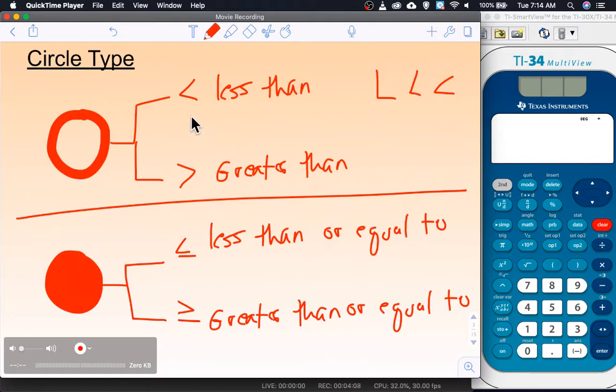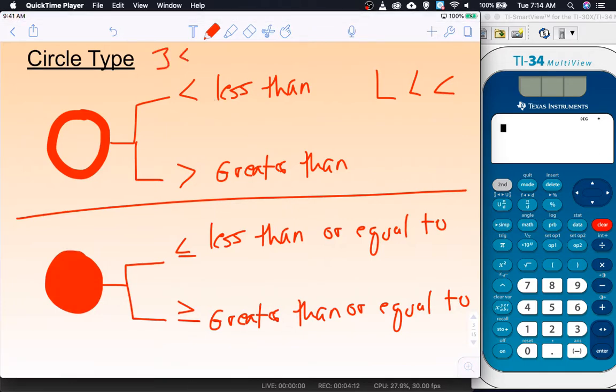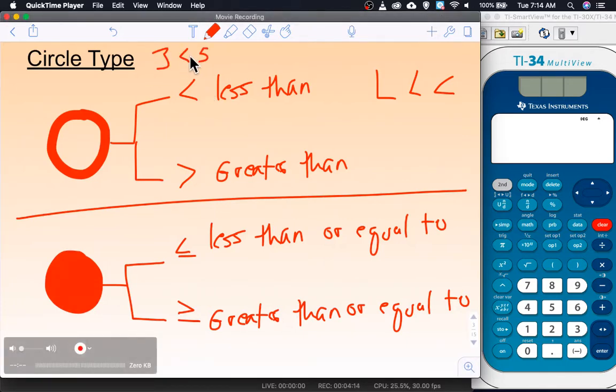You could also remember that if you're using the symbol properly, it always eats the bigger number. So that makes the number that comes first less than the one that comes second, which is actually how it gets its name. 3 is less than 5. But the strategy of using L for less than works for me. I like it.